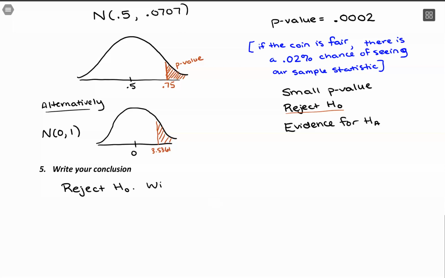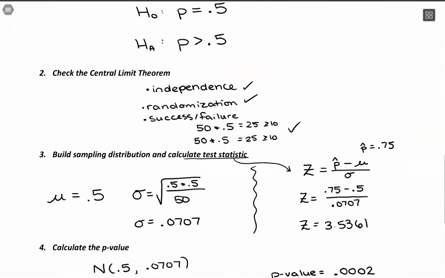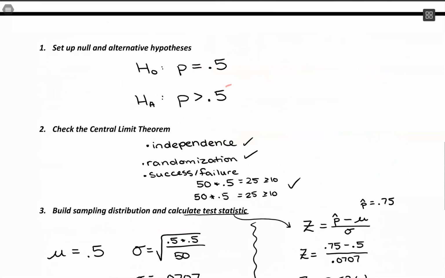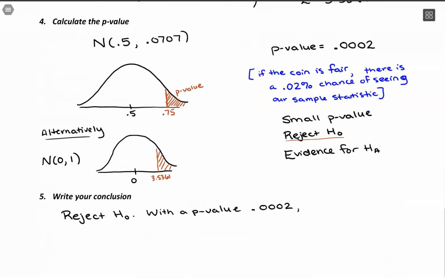So I'm going to say with a p-value of 0.0002. And then what we could say is there is evidence for, and then what we were trying to prove, which was the idea that we have an unfair coin, or our coin is showing more than 50% heads.